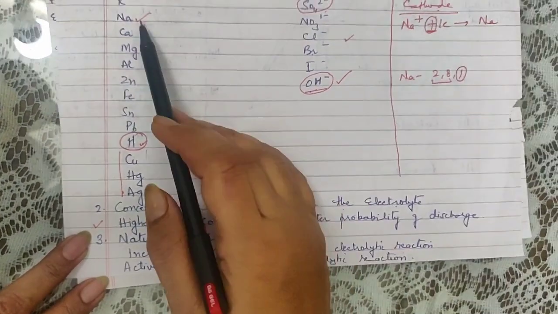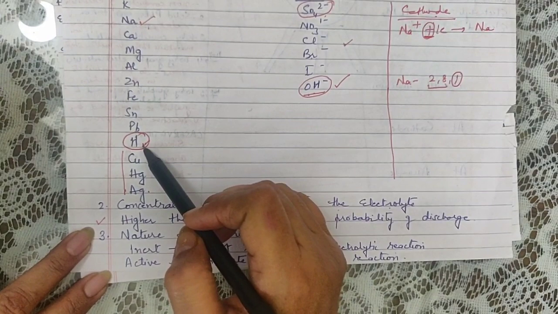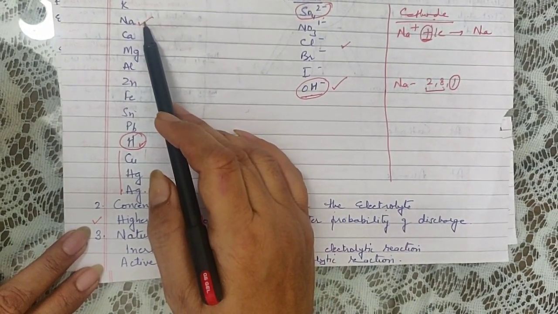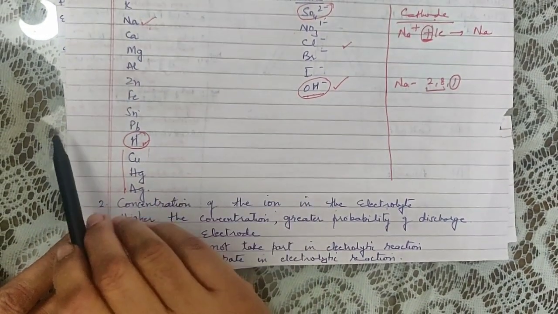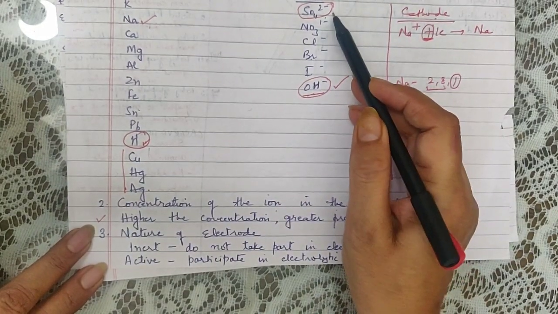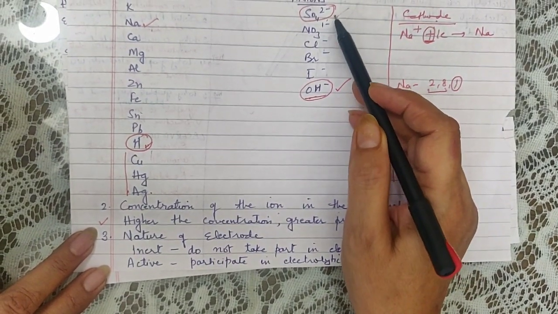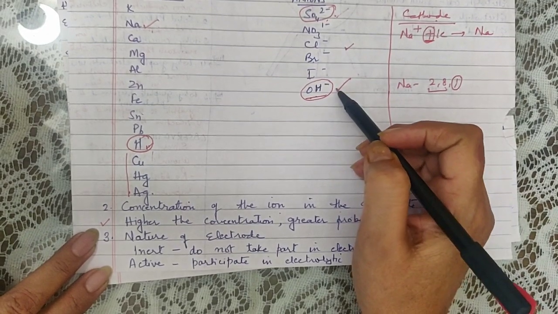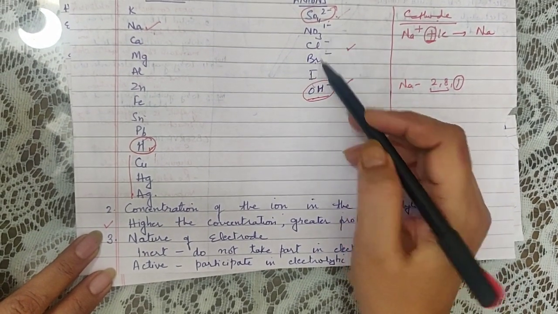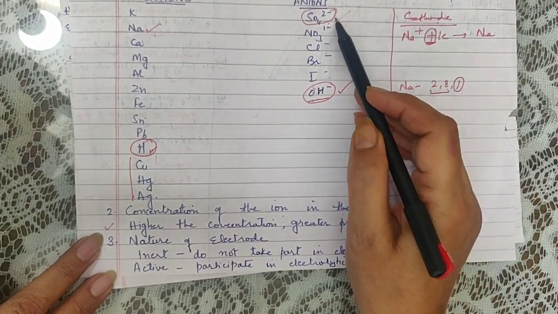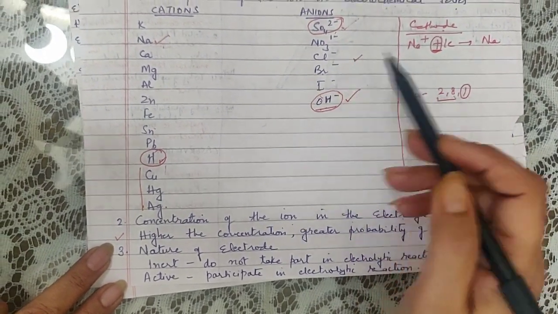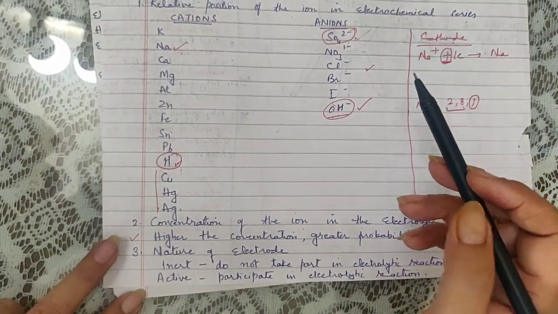If the concentration of sodium ion is very high as compared to hydrogen, then in spite of its position in the electrochemical series, sodium is likely to be discharged. Similarly, if sulfate ion is very concentrated, very large in number as compared to hydroxy, then in spite of its position in the electrochemical series, sulfate will have a higher probability of getting discharged on the electrode.